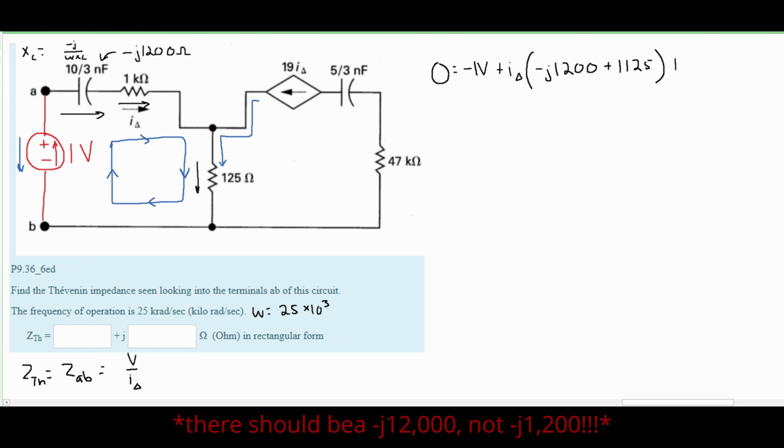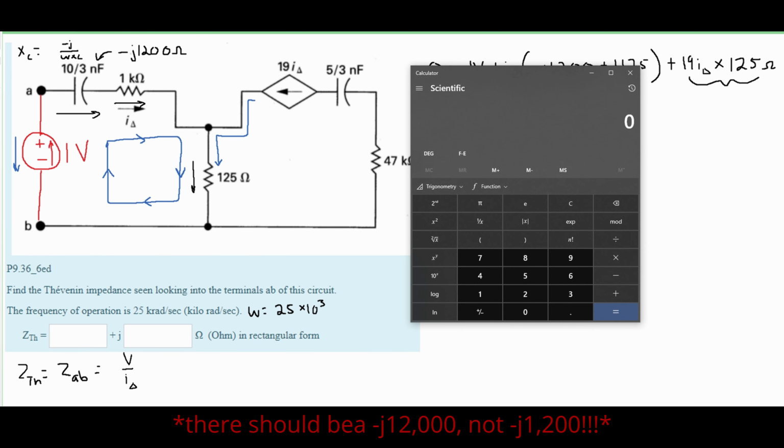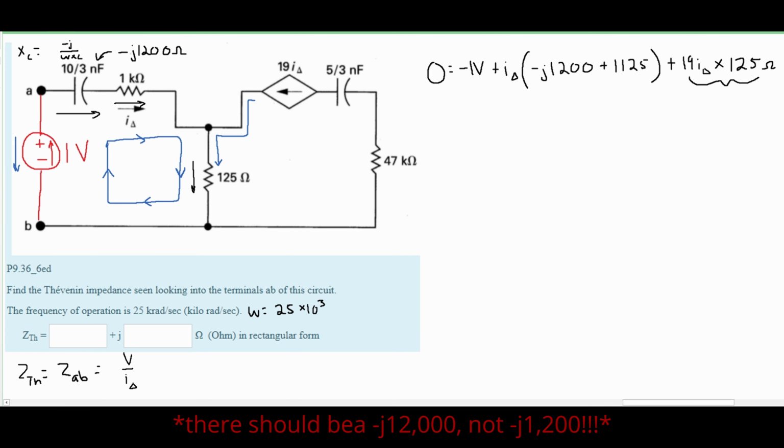That means we're going to have a plus 19 I delta, and our I delta is going to be multiplied by our 125 ohm resistor, just as our I delta was here. So this is times 125, in ohms, and we can combine these two. If we do 125 times 19, this is going to give us 2375 I delta. Now we can combine like terms.